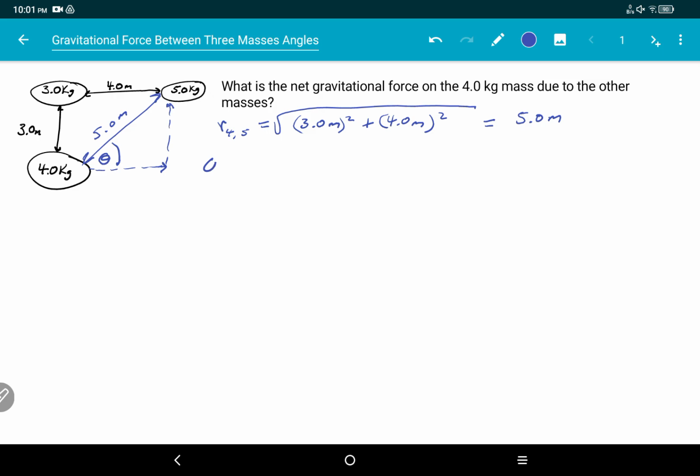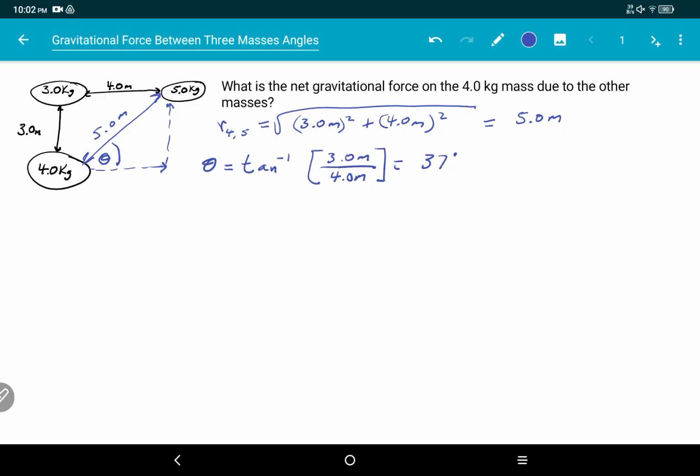So theta is going to equal arctan, with 3 meters on top and 4 meters, and that's going to give us an angle of 37 degrees.